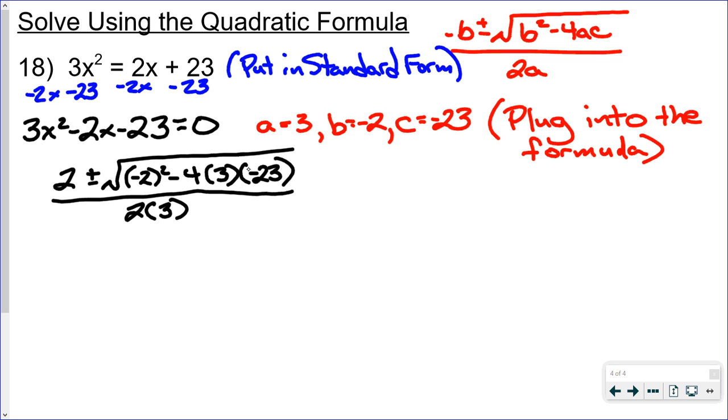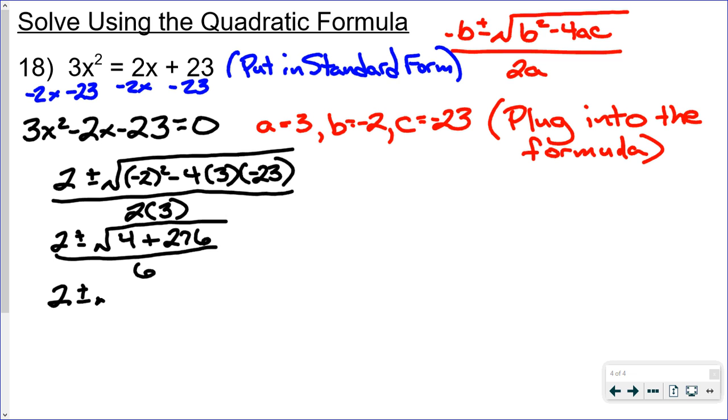And now I'm just going to start simplifying this until I have what's under the square root completely simplified. So I'll have 2 plus or minus the square root of -2 times -2 is 4, plus, because you have a minus and a negative, that's going to make a plus here, and 4 times 3 times 23 would be 276. And that's all over 6. So I'm almost done with simplifying it.